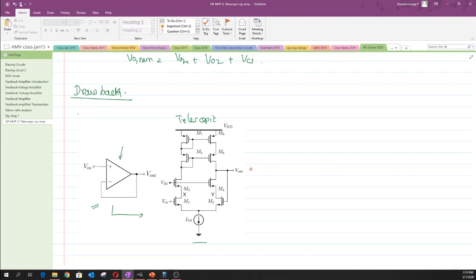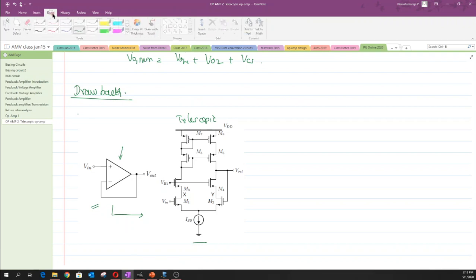So whenever there is an output swing, or whenever there is an input swing, one has to ensure that none of the transistors are moving away from the saturation regime, and that is the major goal of this swing while we try to evaluate it, right. So now let me try to talk about the swings that we would end up having when we try to realize this telescopic op-amp as a kind of unity gain feedback circuit.